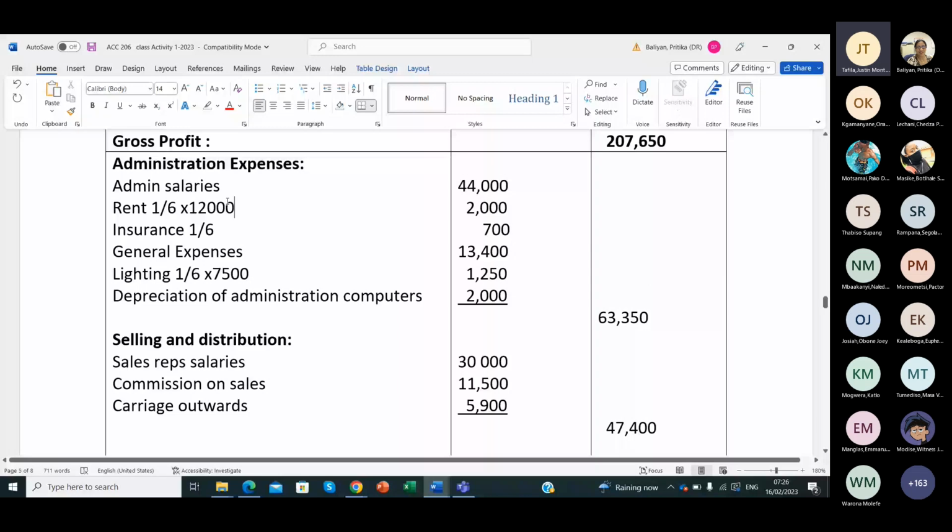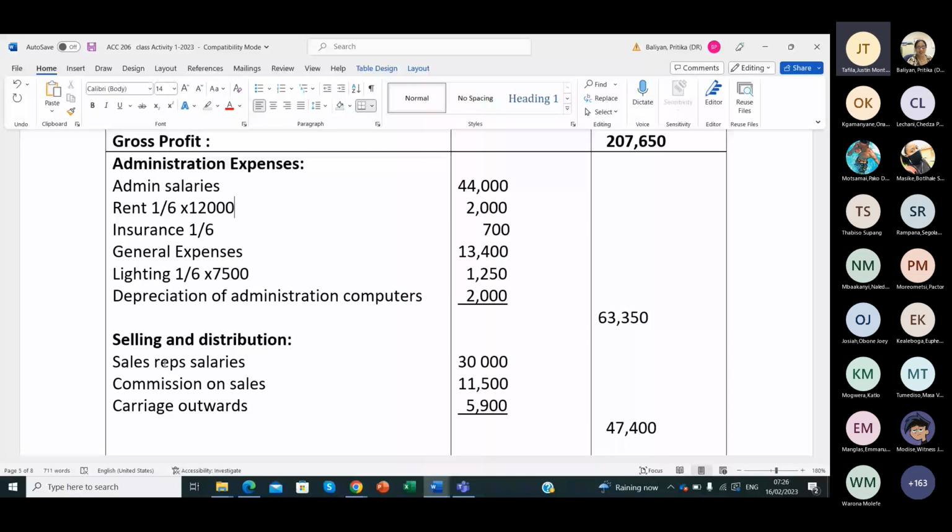Now you also need to record the selling and distribution. So what are the expenses related to the sales of goods and distribution? You look one by one again in the question, like the salaries of sales representatives, commission given on the sales, carriage outward.